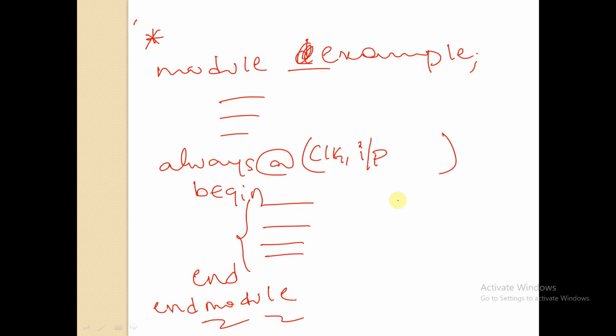What can this design be? It can be a latch, or it can be a flip flop. Which is possible in this case? What can be the possible outcome? Latch or a flip flop?